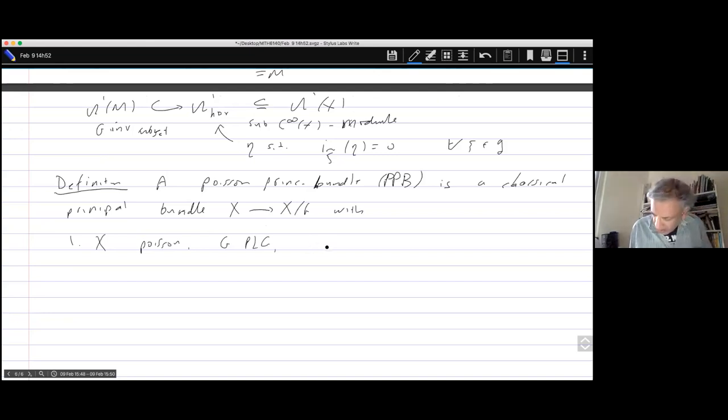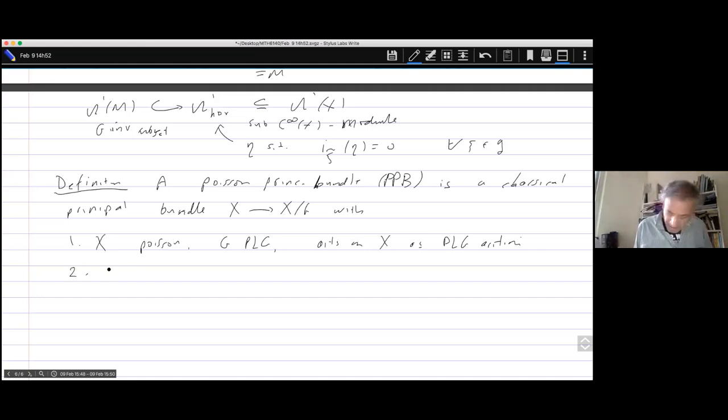The action of G on X is a PLG action. It respects the Poisson structure the way I explained, as well as acting directly on X as a PLG action.